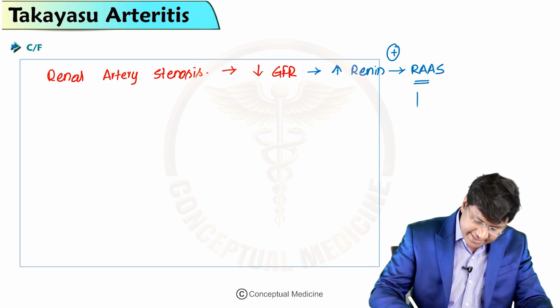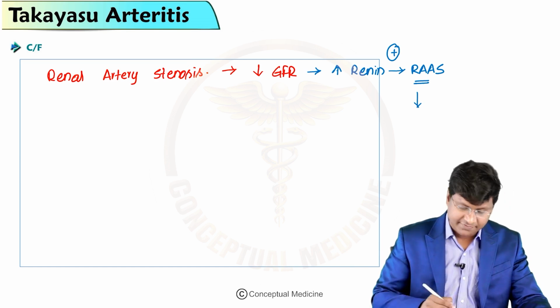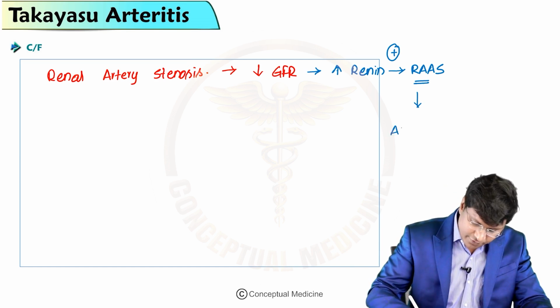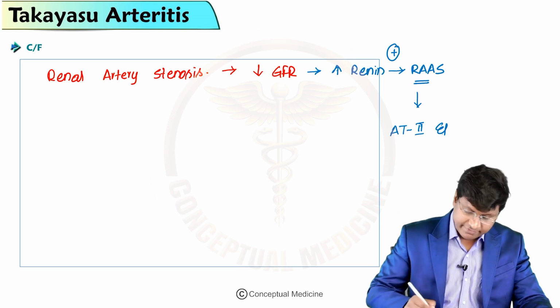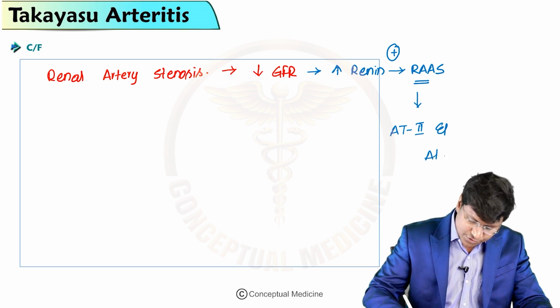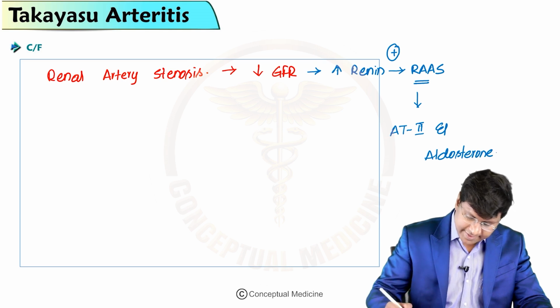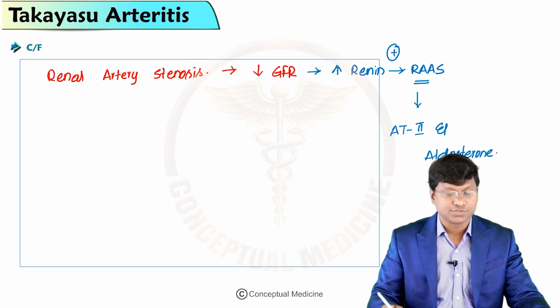So once this renin-angiotensin-aldosterone system is activated, there will be release of angiotensin 2 and also release of aldosterone.